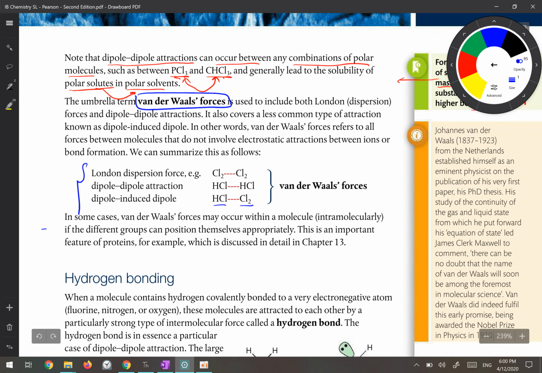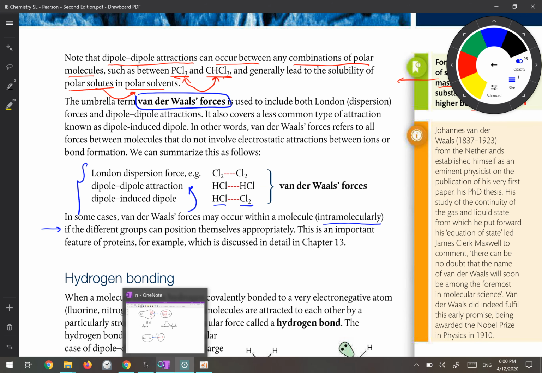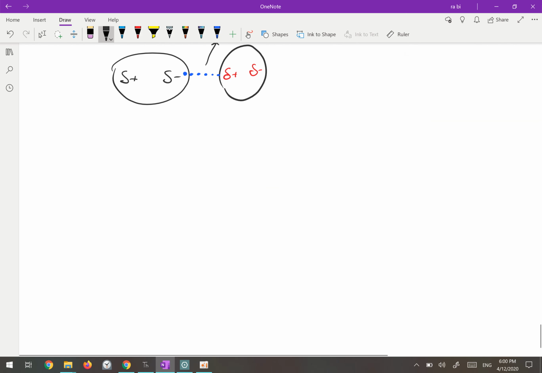And look at this last paragraph. It says in some cases, van der Waals forces, meaning one of these three, may occur within a molecule. We call it intramolecular attraction, if the different groups can position themselves appropriately. So again, I want to talk about this one a little bit.